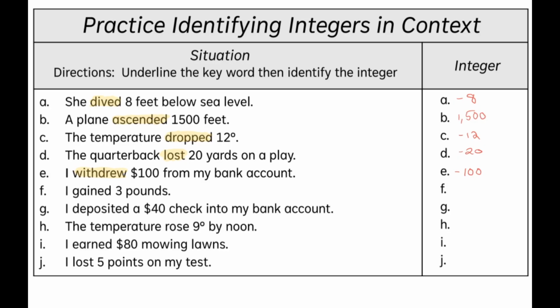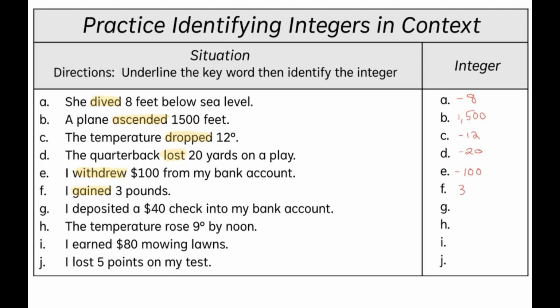I gained 3 pounds. Gained is your key word. Let's highlight the word gained. Gained reflects a positive, so this will be a +3. And you can just write 3. You don't have to write the +3. If you don't write the plus, it's an automatic positive.